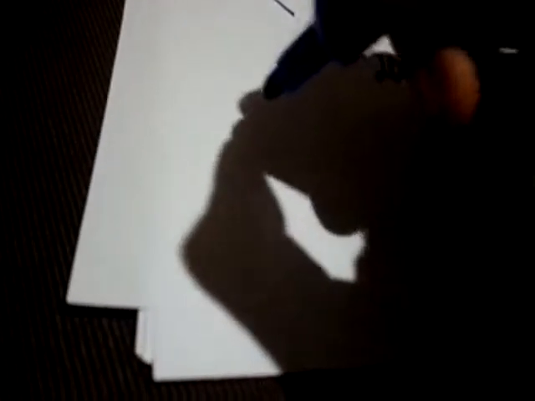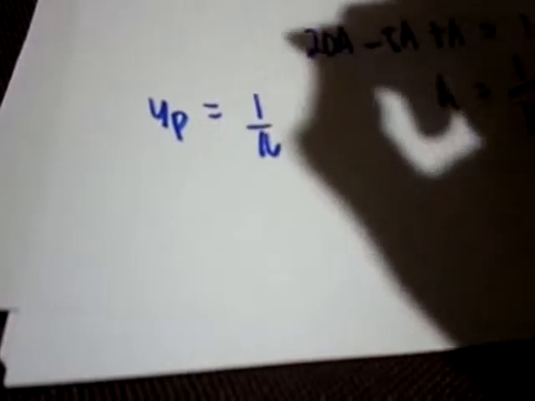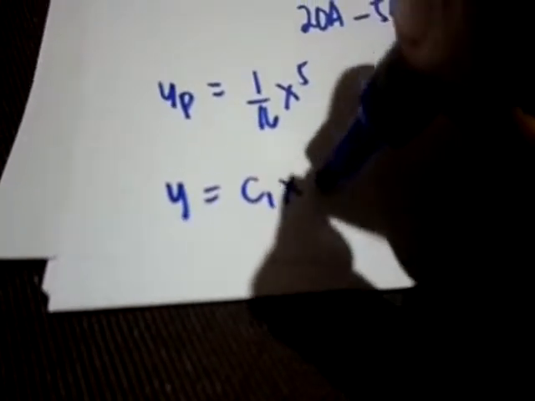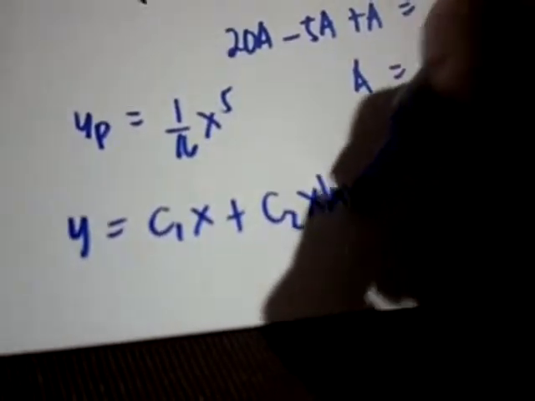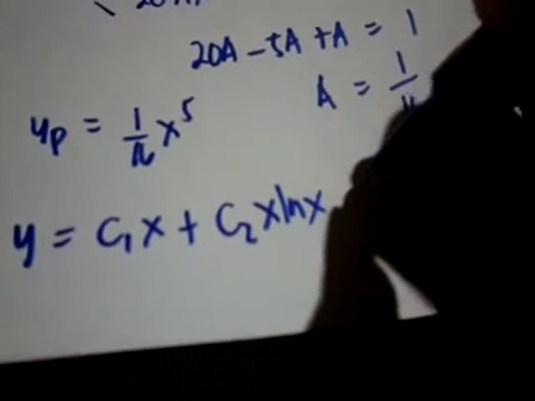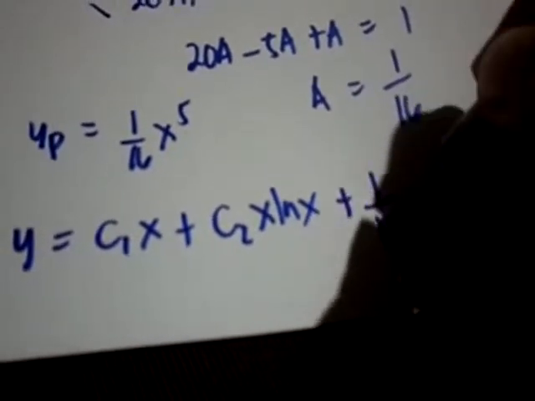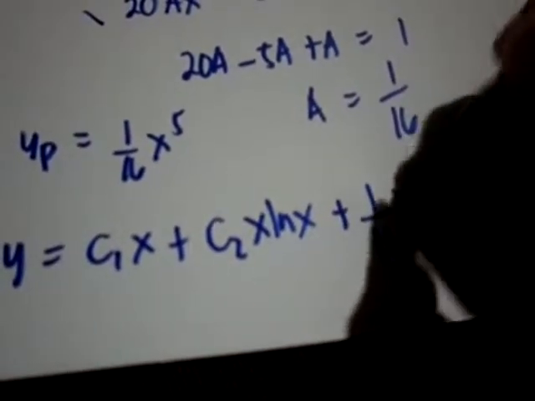Then our yp is equal to a x to the fifth, so 1 over 16 x to the fifth. So our complete solution is y equal to c1 x plus c2 x ln x plus our yp, which is 1 over 16 x to the fifth.